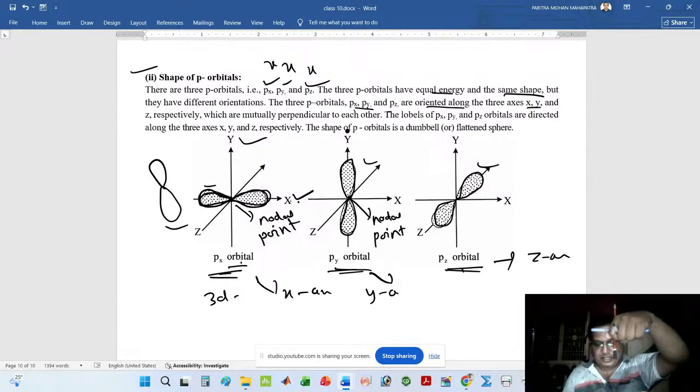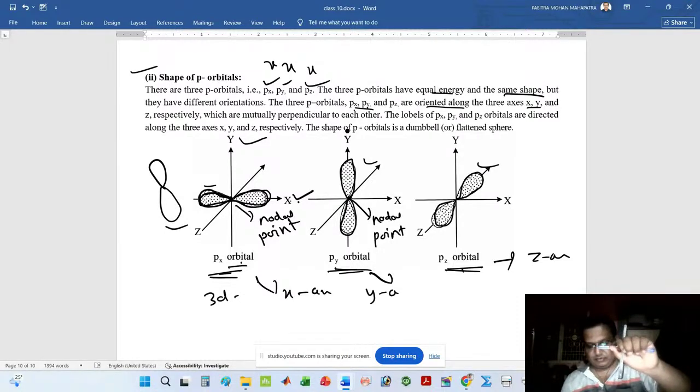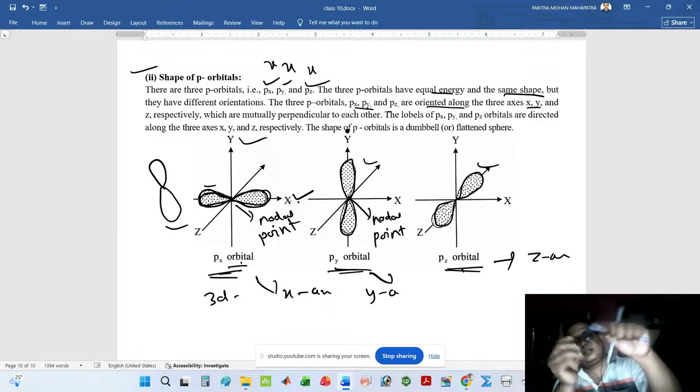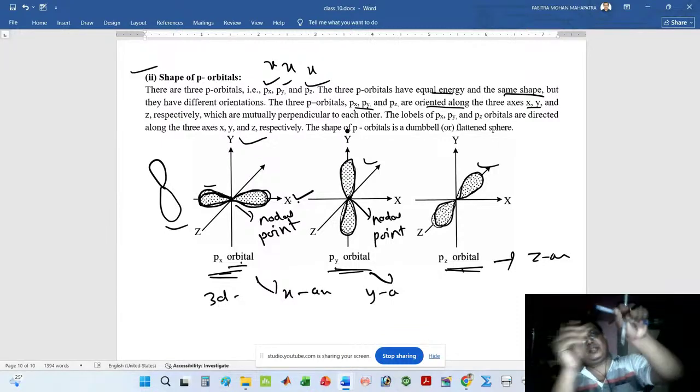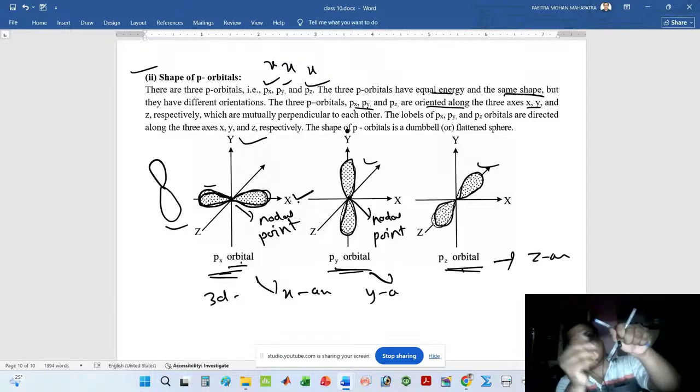See, I want to show you clearly. This angle is what? 90 degrees. This angle is also 90 degrees, and this angle is also 90 degrees. Again, suppose this is your x-axis, this is your y-axis, this is your z-axis. Between the x-axis and y-axis, there is an angle of 90. Here also 90, here also 90.